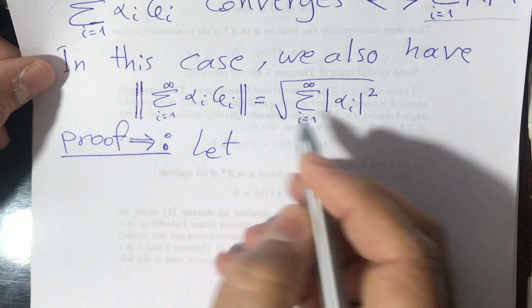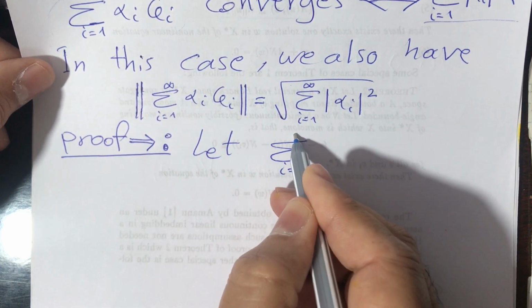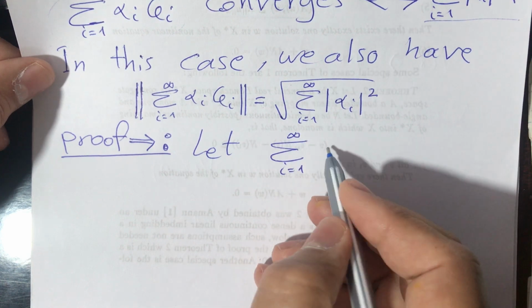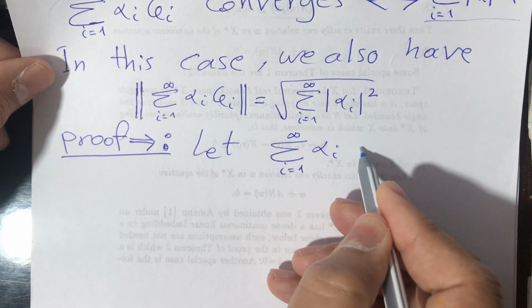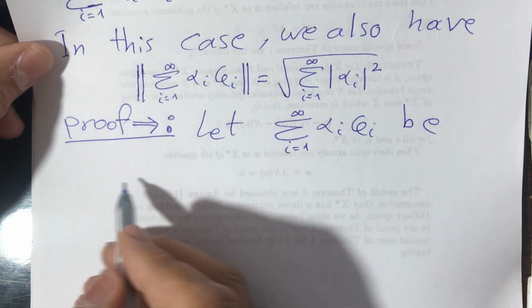Let the summation I equals 1 to infinity alpha I phi I be convergent.